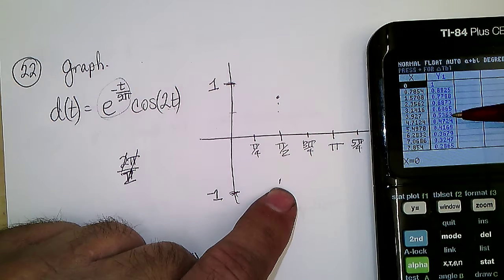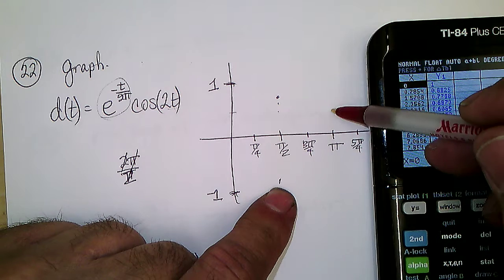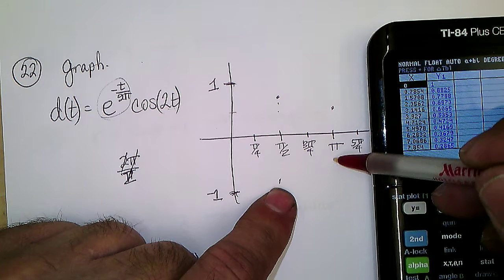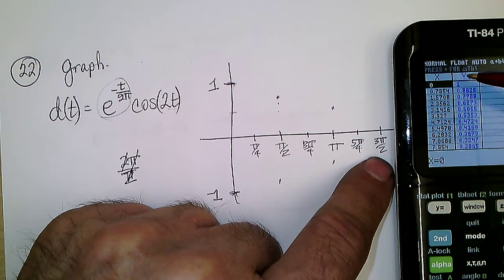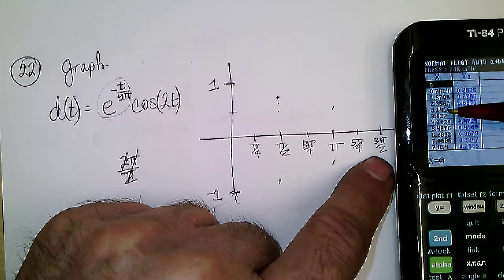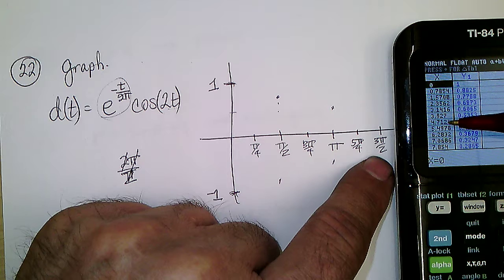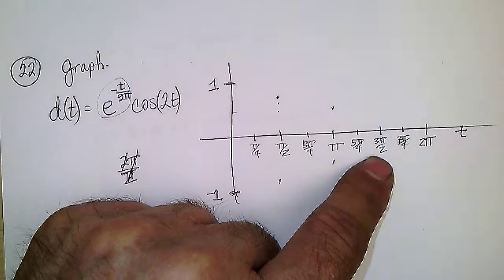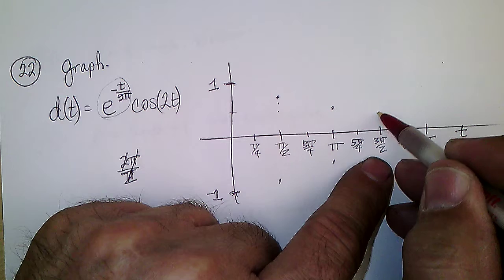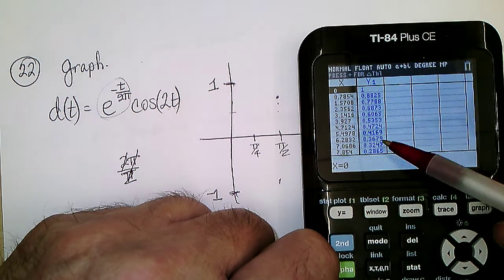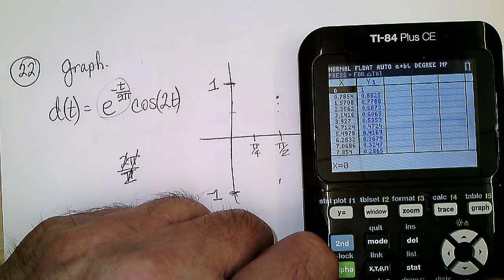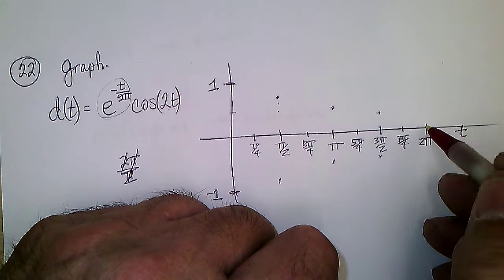And then at pi, it's 0.6, which is about there. And then at 3 pi over 2, which is 4.7, almost 0.5. And then at 2 pi, which is 6.28, it's at 0.37.